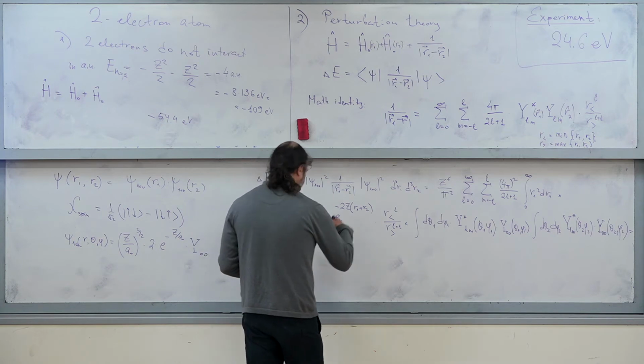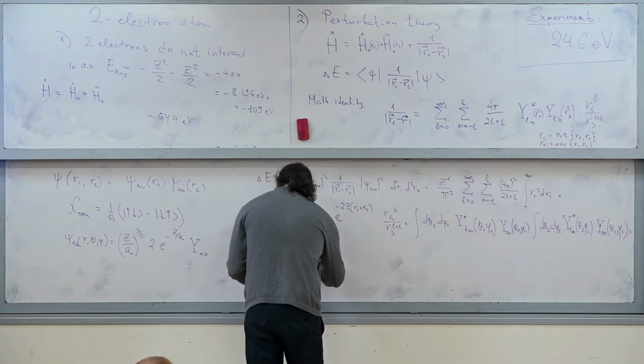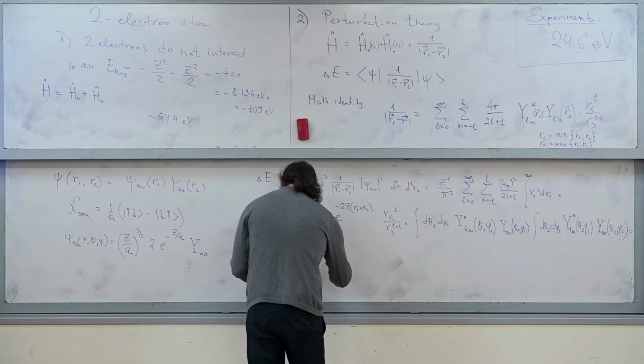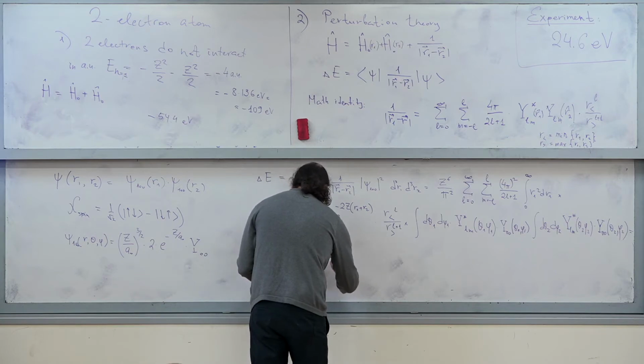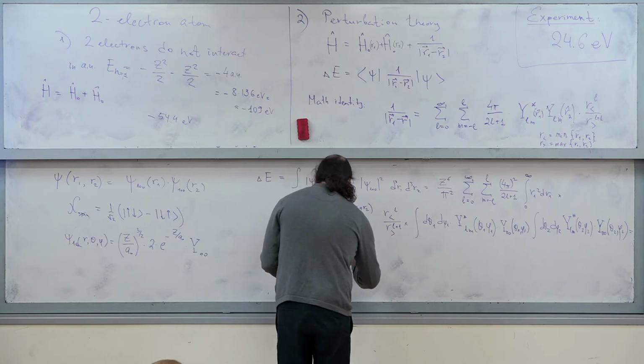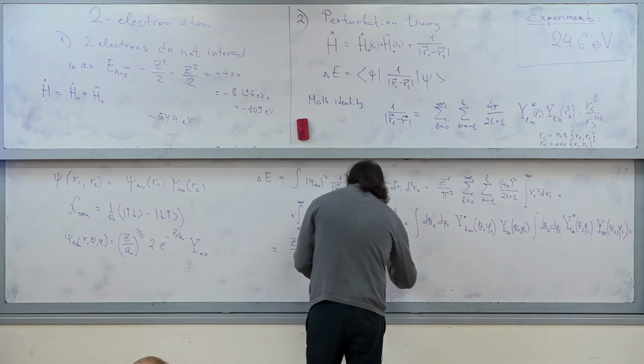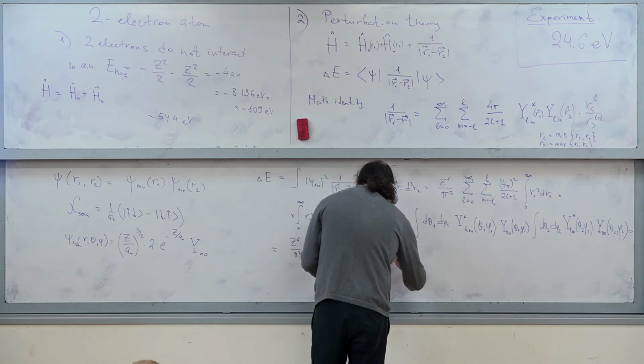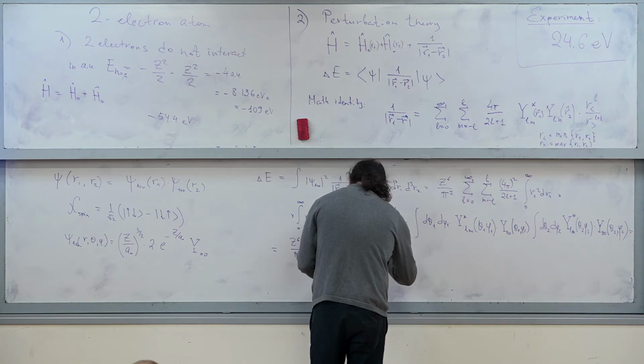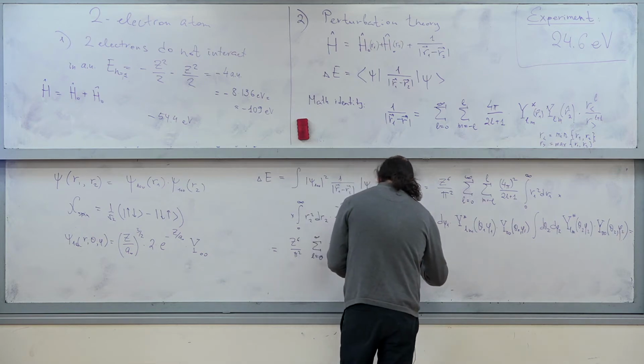Just to make the story complete, I will still write this part with the sum over L from 0 to infinity, M from minus L to L. Then I have the integral of R1 squared dr1 from 0 to infinity, then the integral over dr2 R2 squared from 0 to infinity, e to the power minus 2z (R1 plus R2).